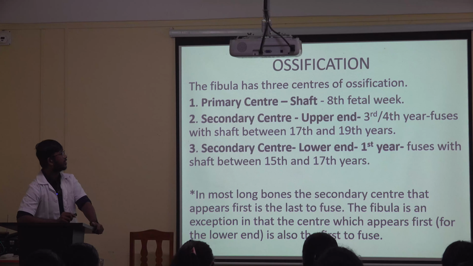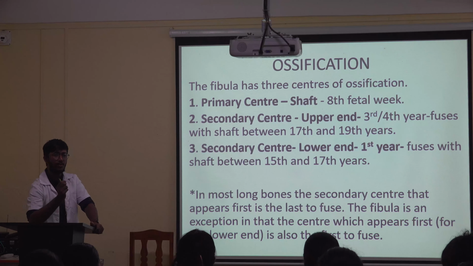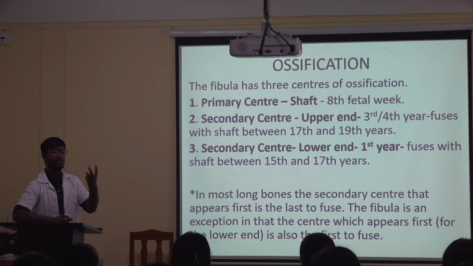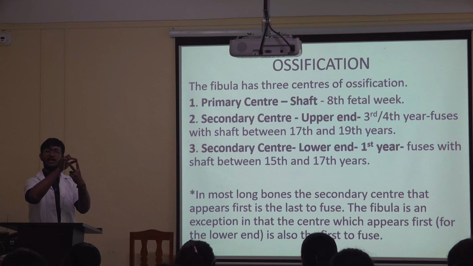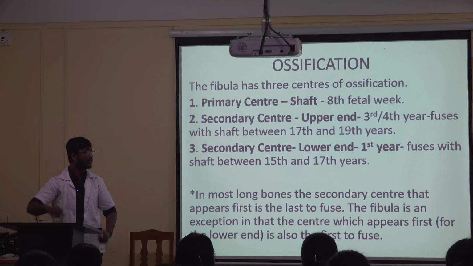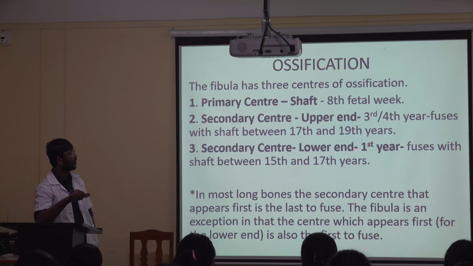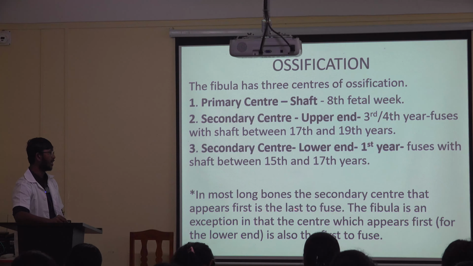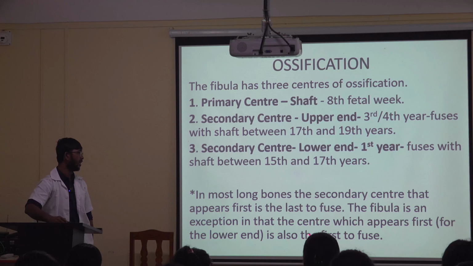There is a catch: in most long bones, if a secondary center appears earlier than another, it fuses later. But in the fibula, the secondary center for the lower end appears first as well as fuses earlier. The fibula is an exception.